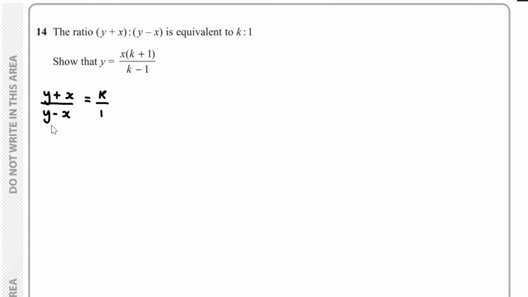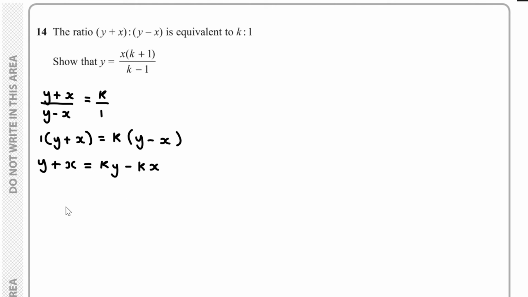And we need to rearrange for y. So if we cross multiply, we've got 1 lots of y plus x equals k lots of y minus x. And if we expand the brackets, we've got y plus x equals ky minus kx.